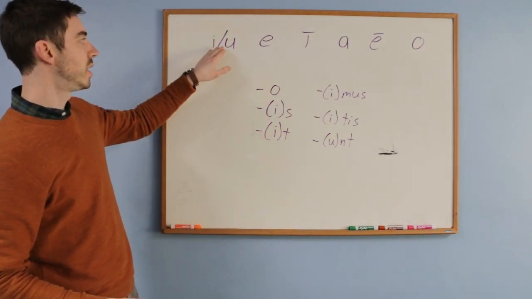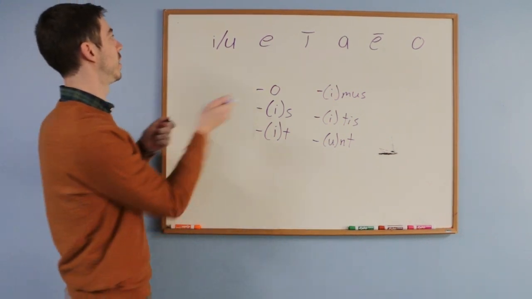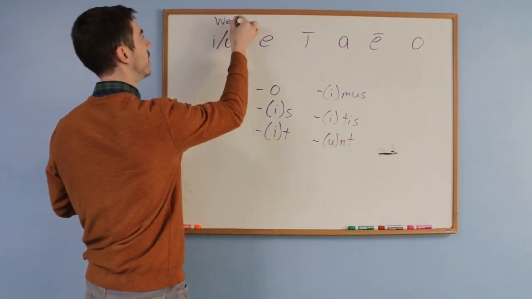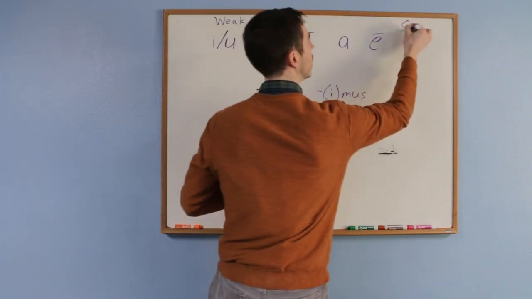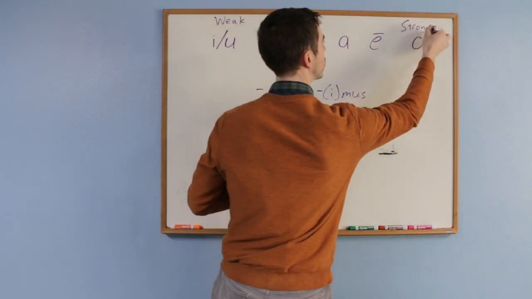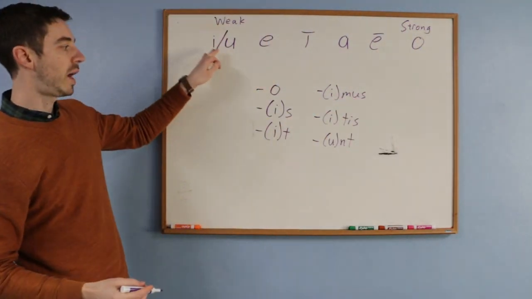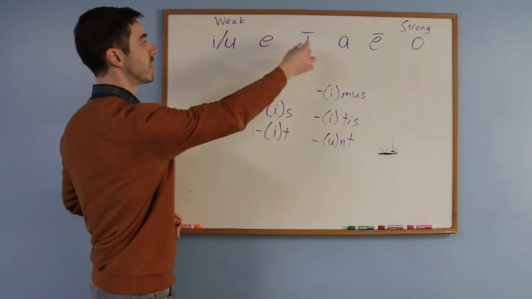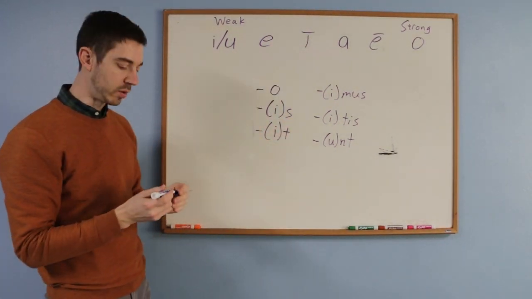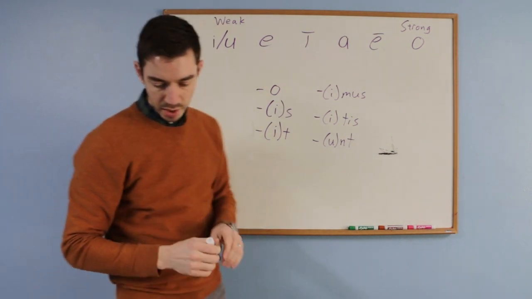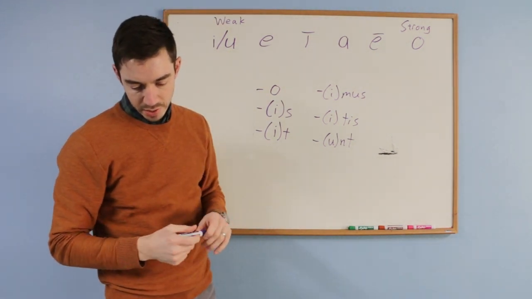So these are the weaker ones. I'll write weak up here. I didn't leave myself much room, but weak and strong. So i's and u's are weak, so they get squished out a lot by the other vowels. And we'll see what we mean by that in just a little bit.